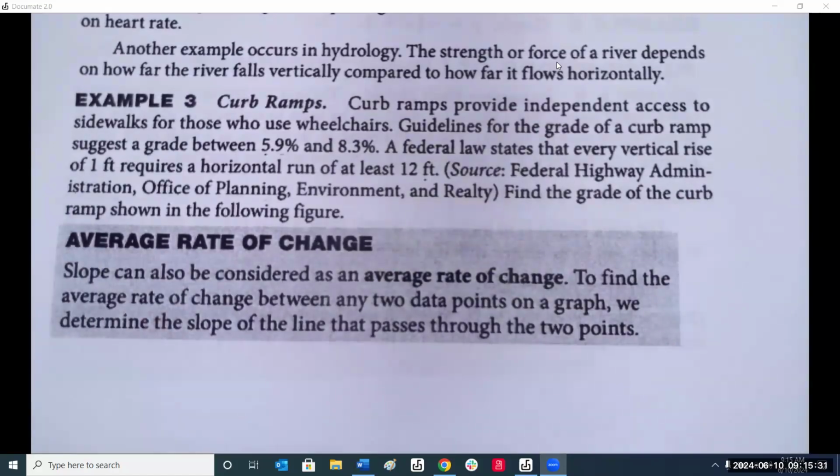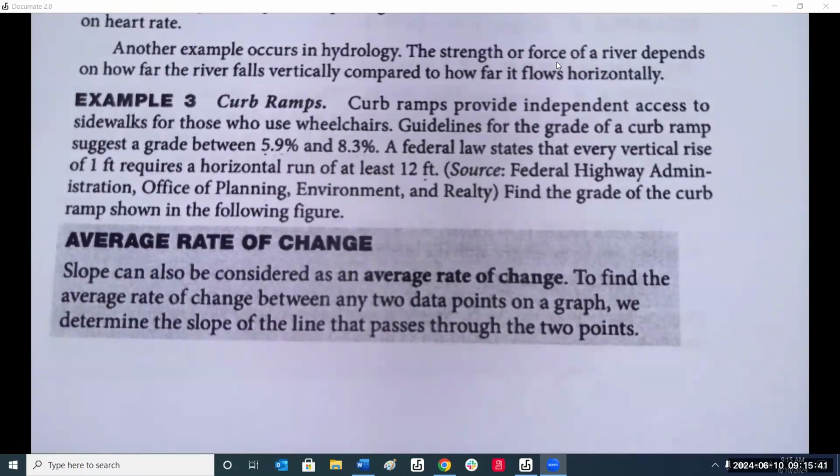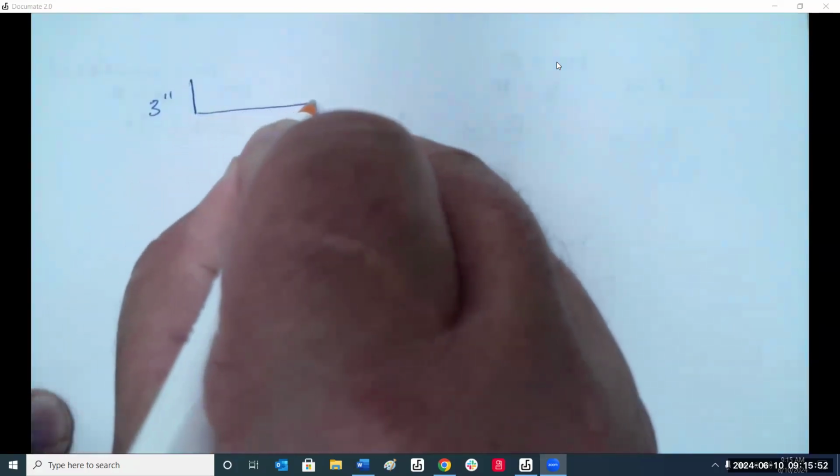What in this equation would help us determine that? The percents. Because let's say the curb is only raised 3 inches and it goes out 24 inches, 2 feet.